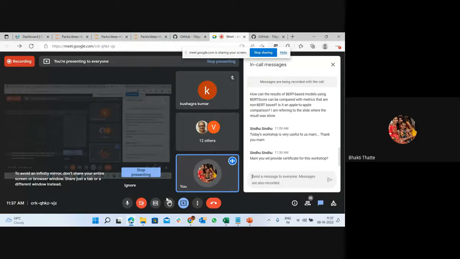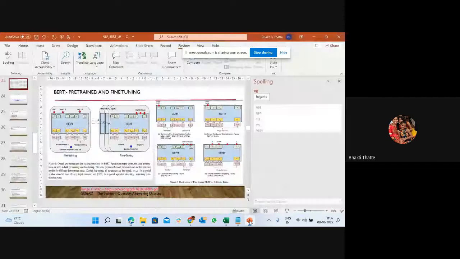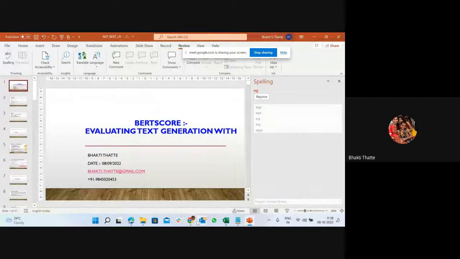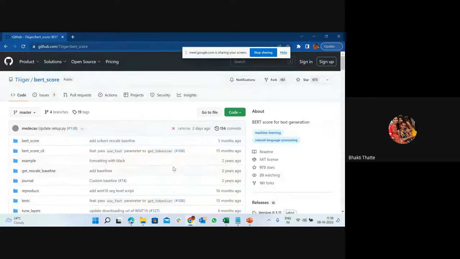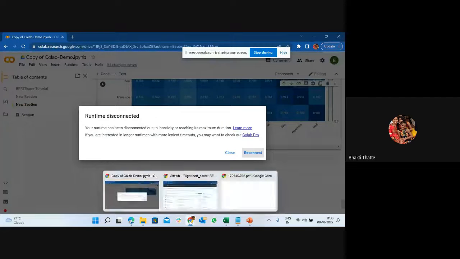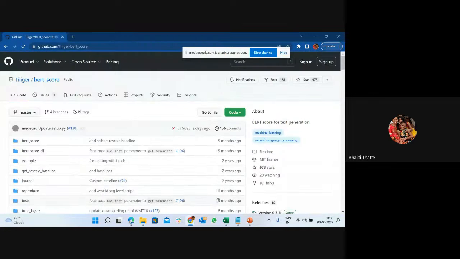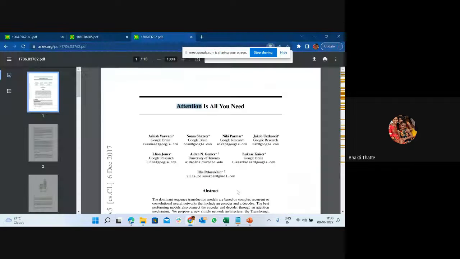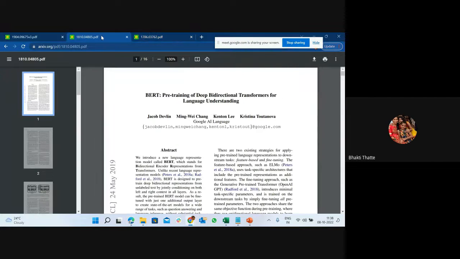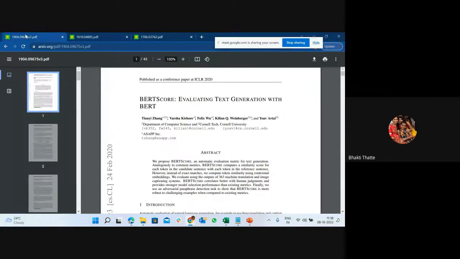So Kushagra, I'm about to give the references. If you want to go into more detail, these are the three papers. This one, Attention, is for the transformer we discussed. Then this is for the BERT model, and this is the paper for BERTScore, evaluating text generation with BERT.